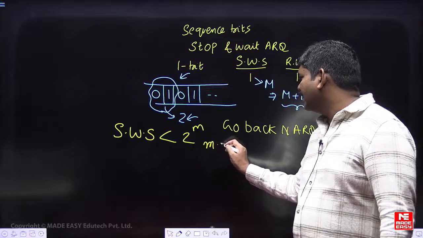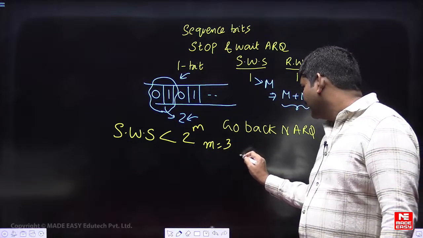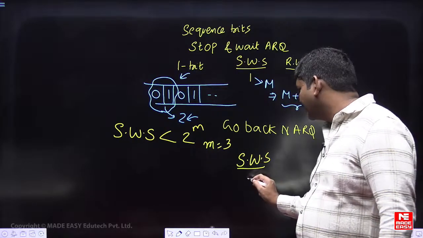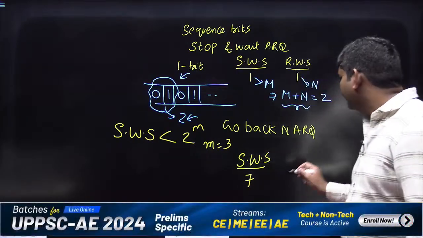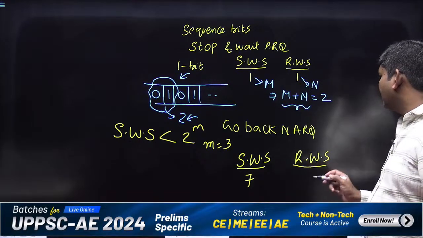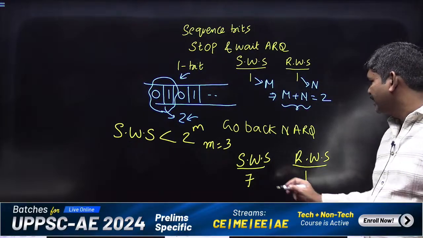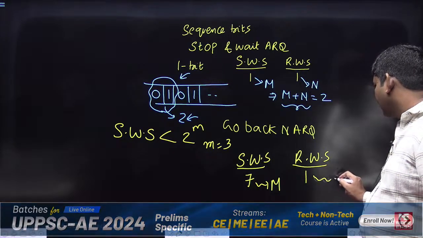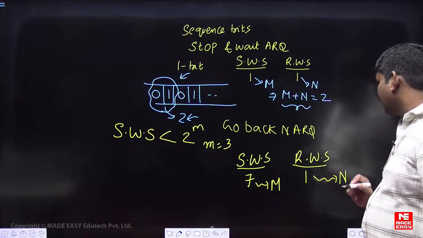Suppose if I have taken m, the sequence bits, as 3, then the sender window size based on this condition is 7, and if the receiver window size is accepting in-order frames, it will be 1. Same like that, if this is m and this is n.